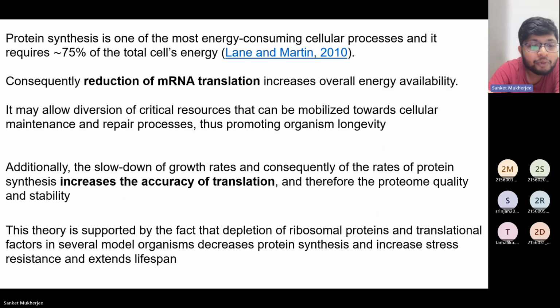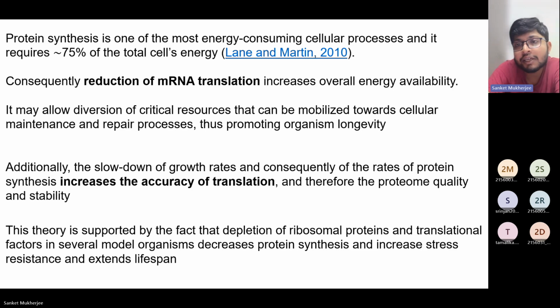So protein synthesis is one of the most energy consuming processes that we have. It requires almost 75% of the cell's energy. And so what happens? There is reduction of mRNA translation. Reduced mRNA translation increases overall energy availability.